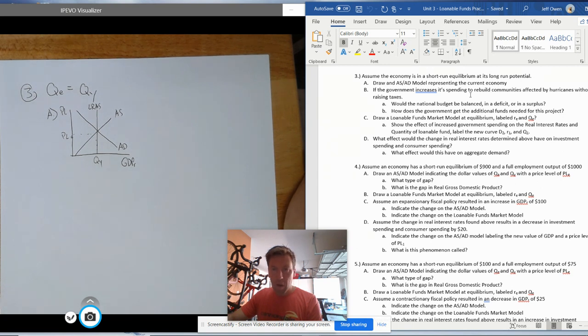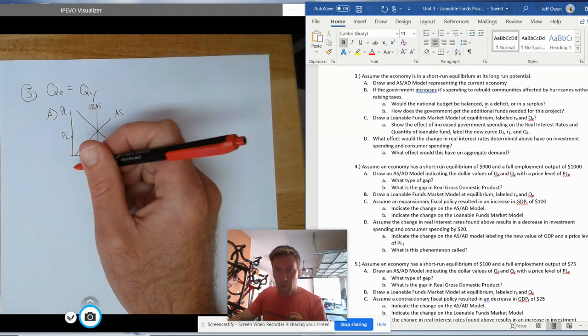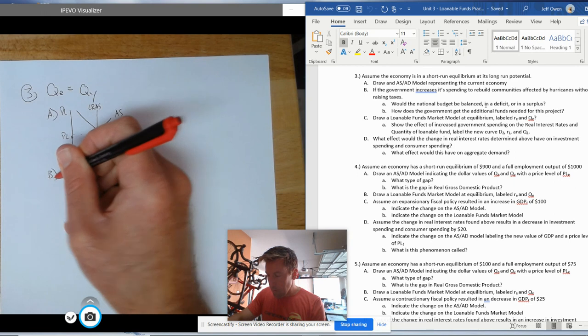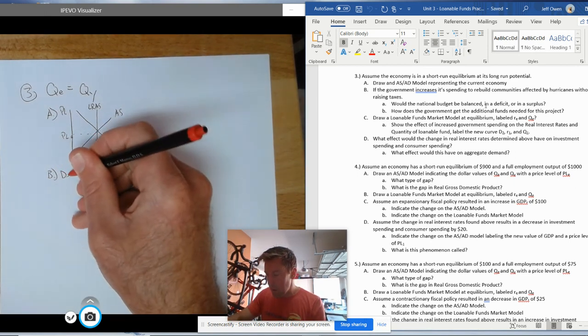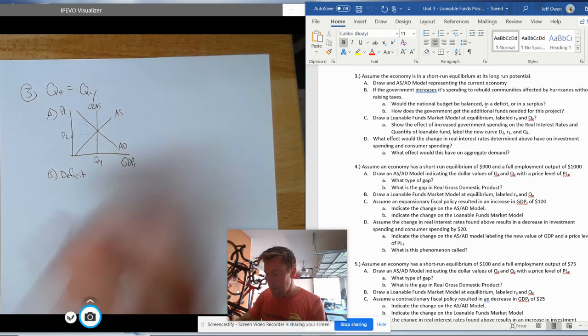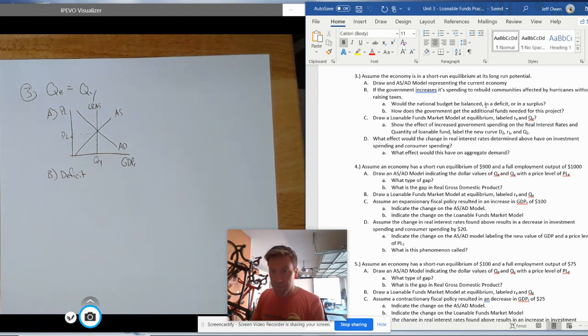All right, if the government increases spending to rebuild communities affected by hurricanes without raising taxes, would the national budget be balanced, in a deficit, or in a surplus? With B, if the government spends money without raising taxes, we're going to be running a deficit. They increased spending, did not increase taxes.